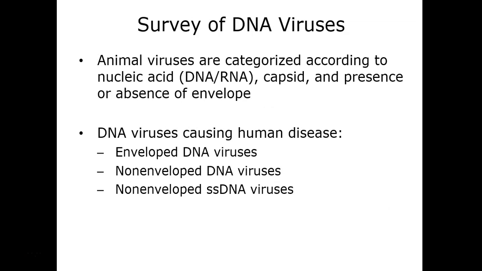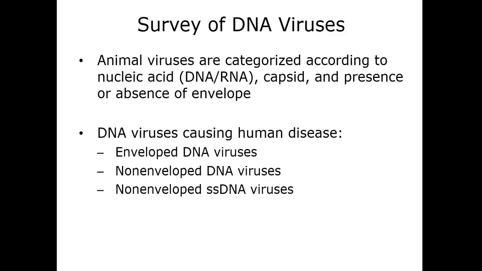So let's start getting into the DNA viruses, talking about many of the different viral families that we are going to get into today. So as we've already mentioned, animal viruses are categorized three ways: their genetic composition, DNA or RNA as their core, their structure or capsid, how that's arranged, and the presence or absence of an envelope. So we have three main categorizations of the DNA viruses.